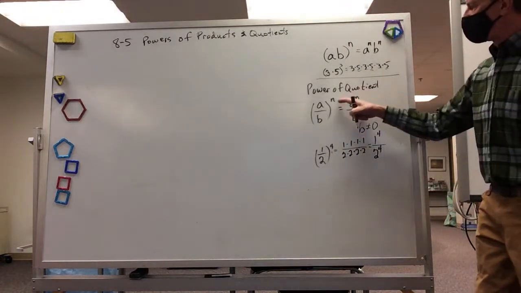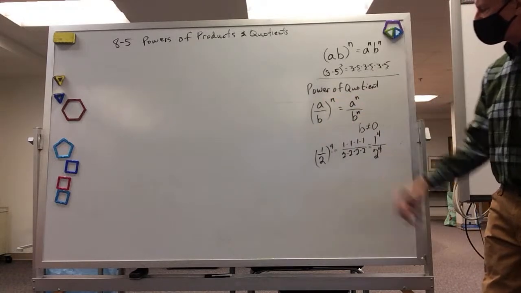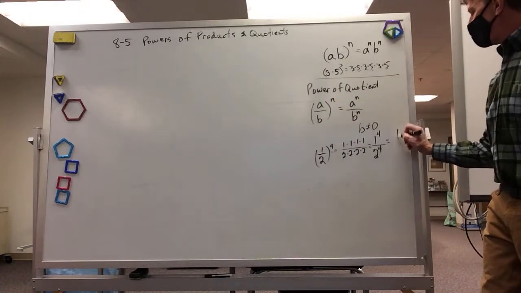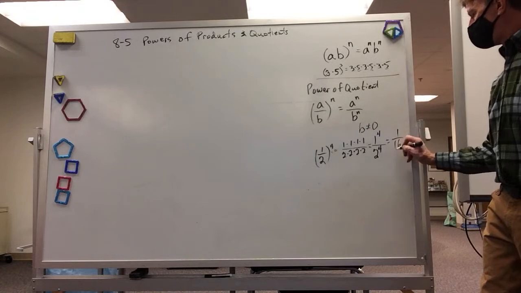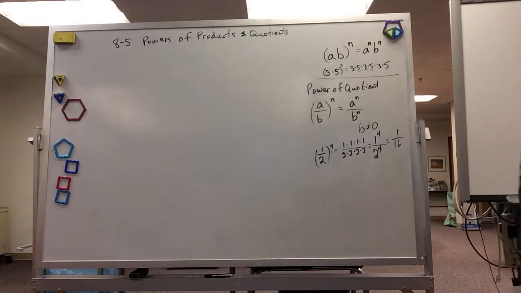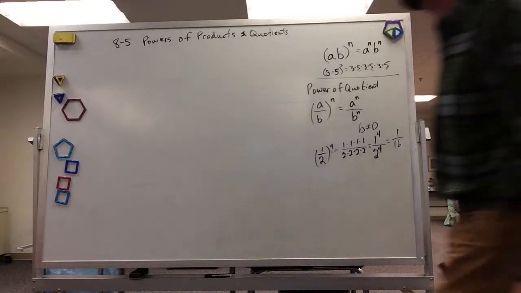And that's what we're doing here. This exponent is applied to both the numerator and the denominator. So that's just going to be 1 over 16. In the 3rd example, they say use the fraction 3/4 taken to the 5th power.